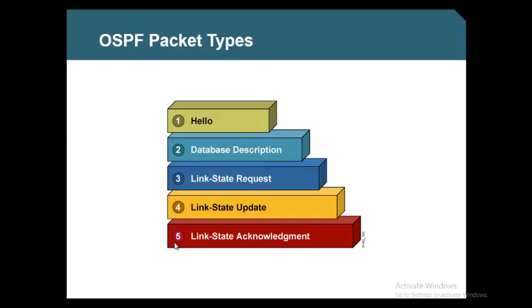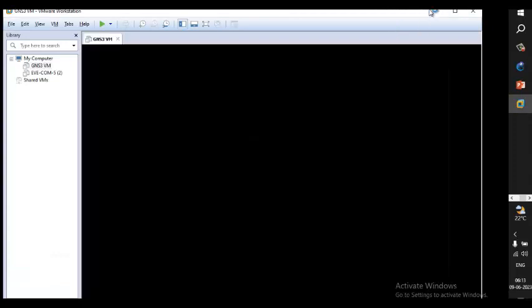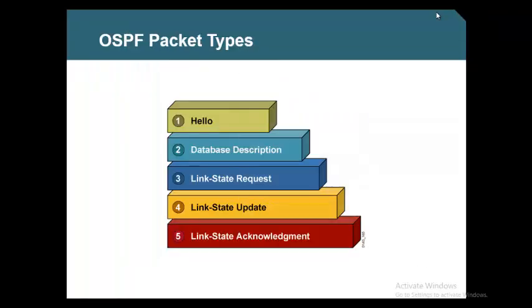They are reserved to identify these packet types. For example, if you see type as 3, then it means it's LSR. When we capture a packet, we will be able to know what type of packet it is by seeing this number.